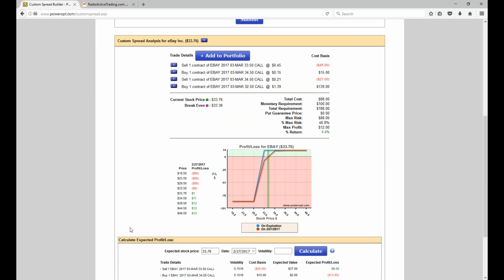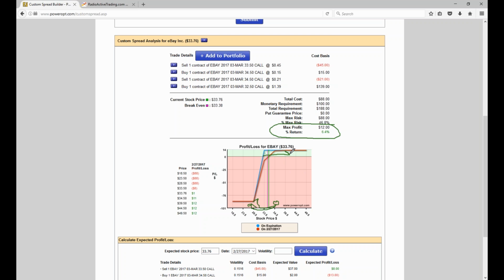All right. So with that one move, I rolled my 34.50, that's part of the bear call, down in price. I'm sorry, it should be down here at the 32.50 level, okay? Now, my max profit is only 12 cents. We had a max profit of 30 cents. I gave some of that up by doing this, but where am I?